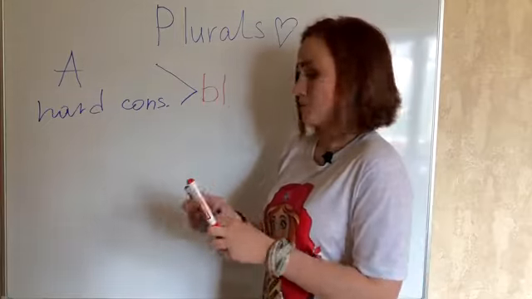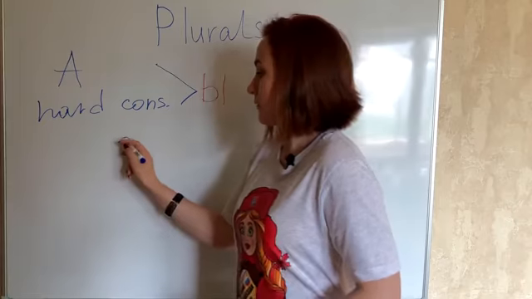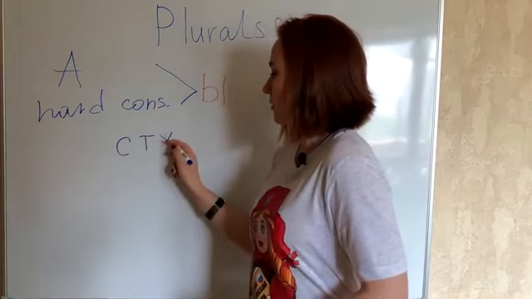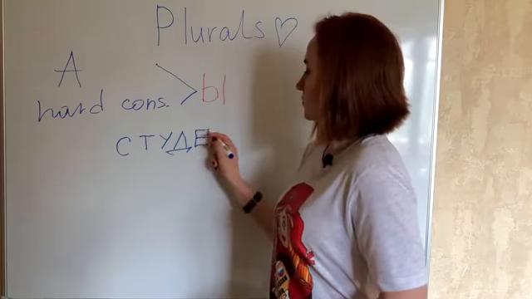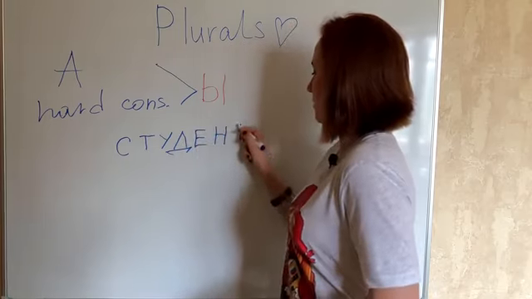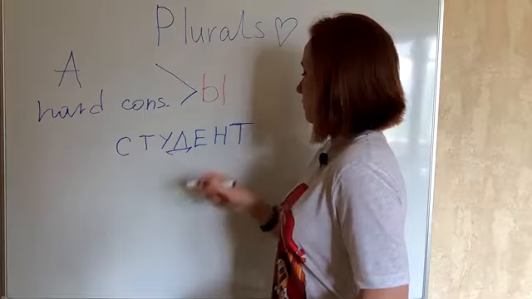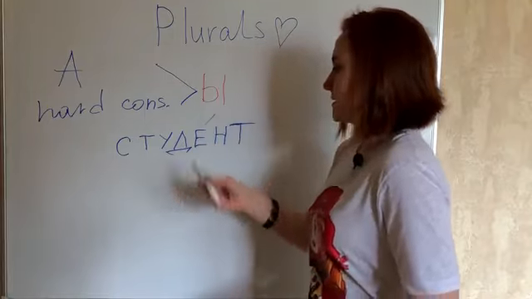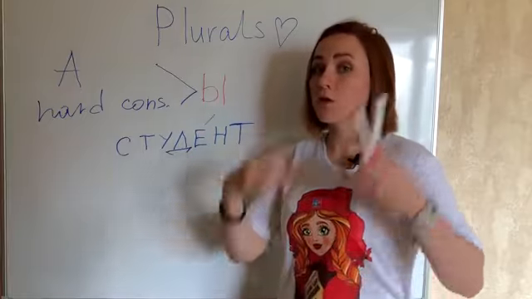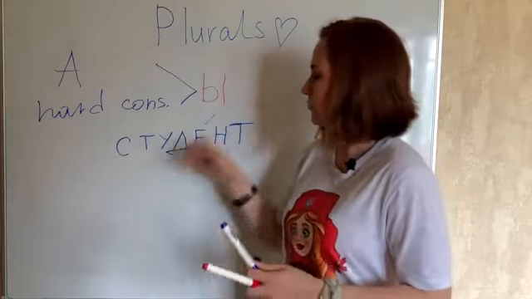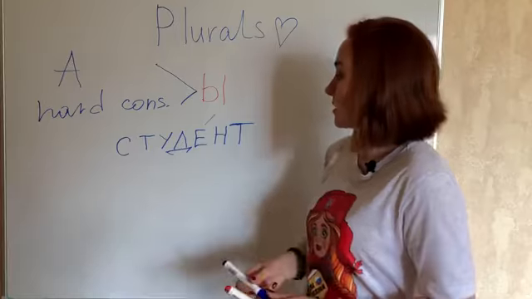Now let's look at a couple of examples. For example, the word студент. Student, you obviously know what this word means. Repeat after me. Always keep practicing your pronunciation. Студент.